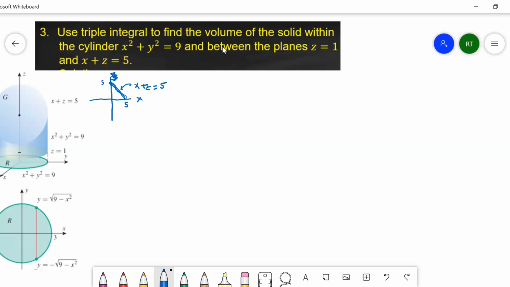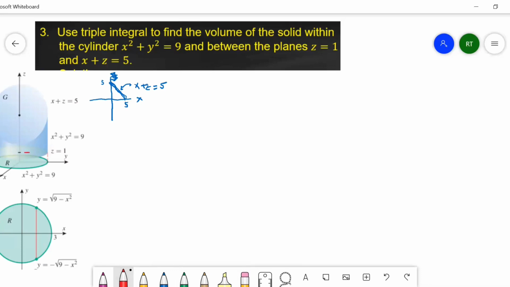And of course, if we will find the volume of the solid, then we have to draw the element here. This is the base, and we will simply draw a rectangular box here, which will serve as the element.